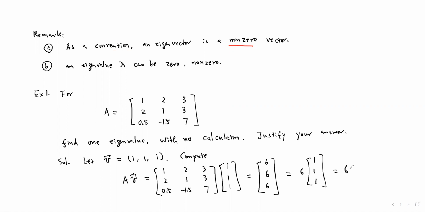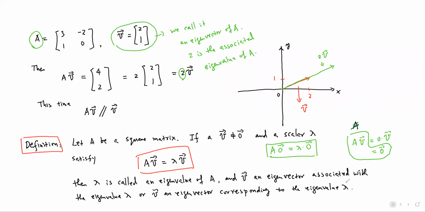So it is 6 times vector V. When this equation is true, the number is the eigenvalue and the vector is the corresponding eigenvector.